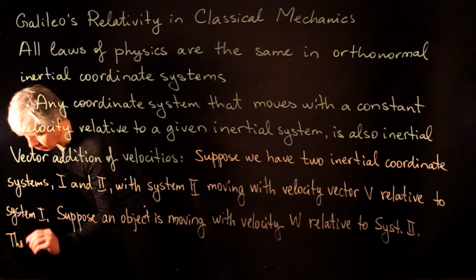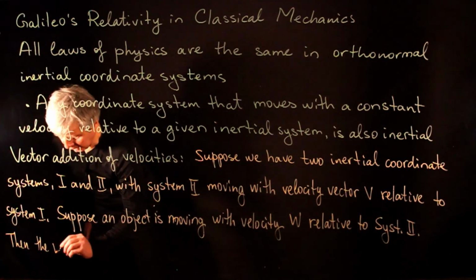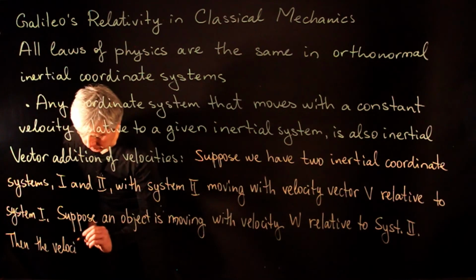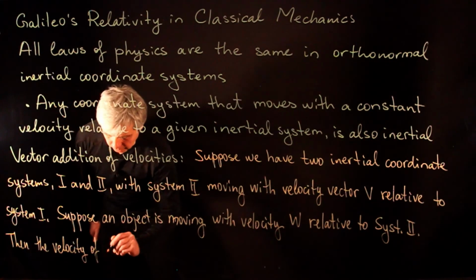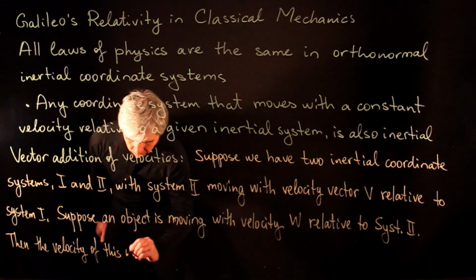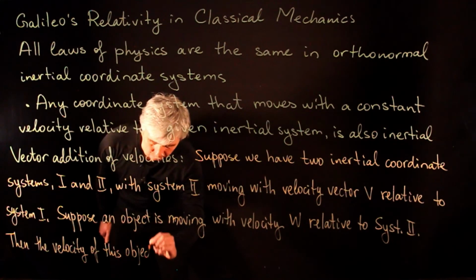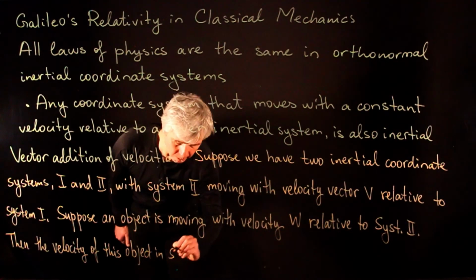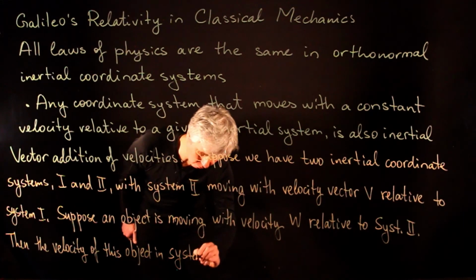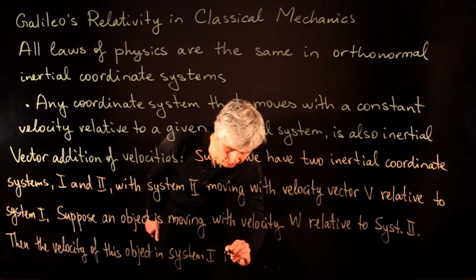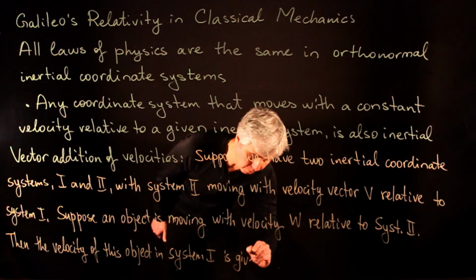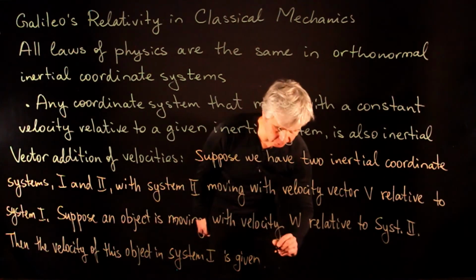Then the velocity vector of this object in system 1 is given by the vector addition of the two velocities.